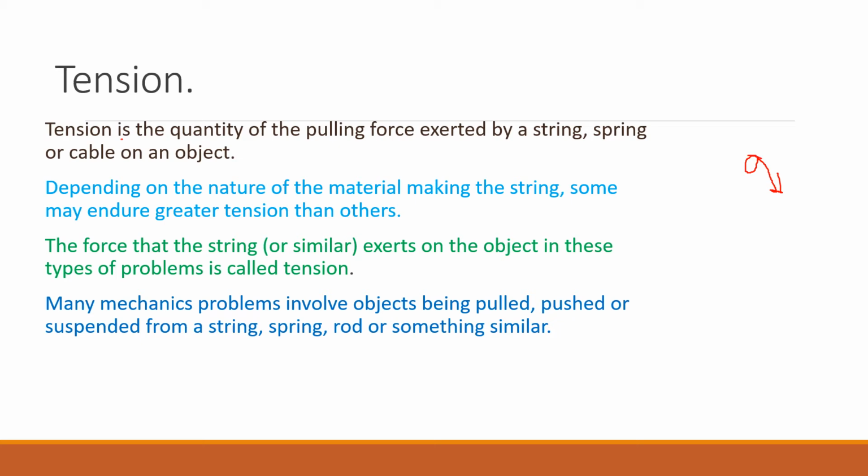We have what we call the pivot, and this is where the pivot is suspended from. So if we apply a force at this position, then this rope will be pulled by this force that we have exerted here, and that is what we call tension.